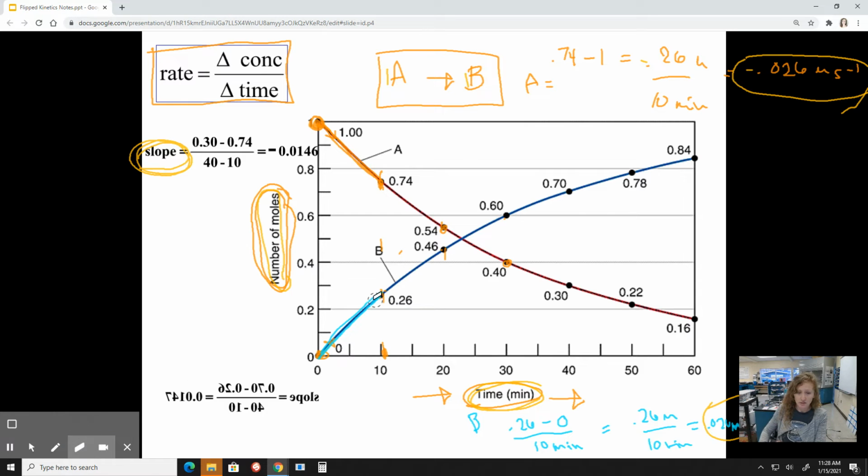Now, if we look at these 2 points, notice it's not necessarily a straight line between those 2 points. So what I just calculated was an average rate. If you use the slope to calculate rate, like we just did, that's going to give you an average rate between those 2 points, not actually an actual rate.